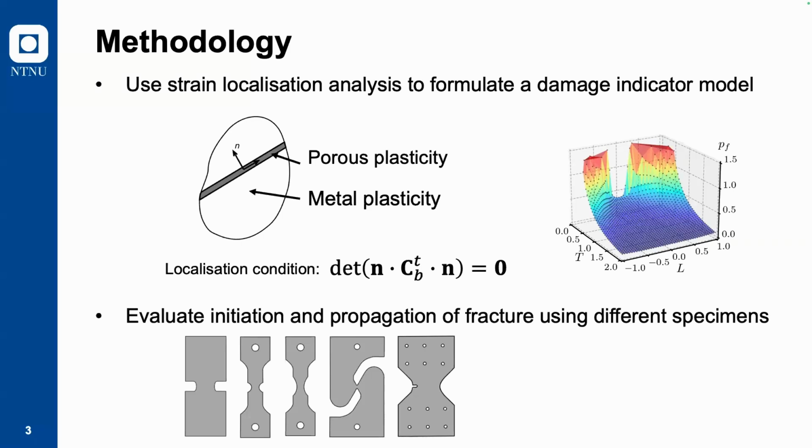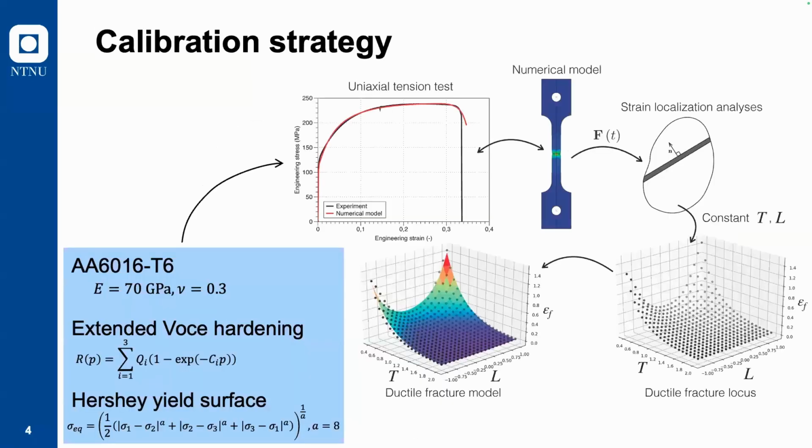To illustrate this methodology, we are using an aluminum alloy of the 6000 series. We're applying an extended Voce work hardening rule and a Hershey yield surface with exponent of 8. To calibrate the strain localization model, we're using one single uniaxial tension test.